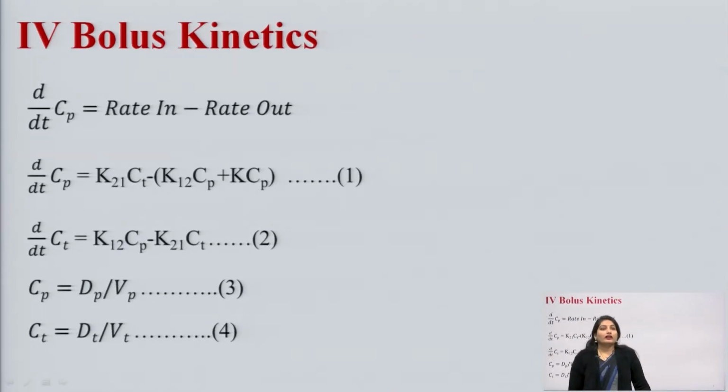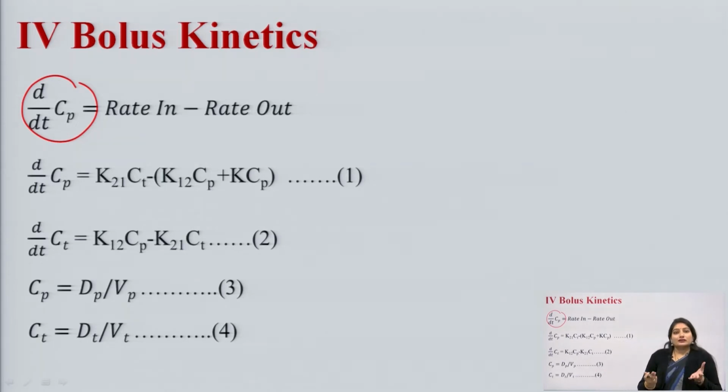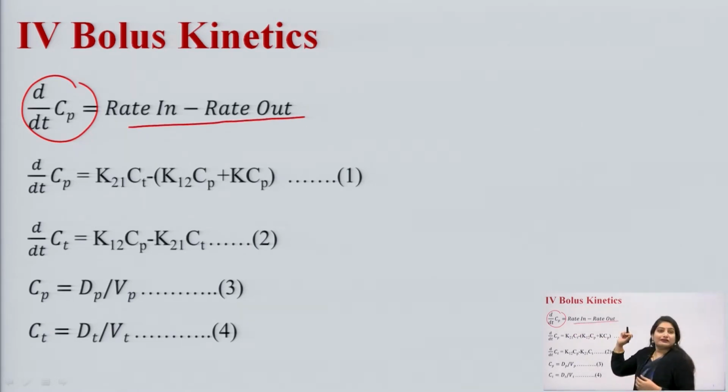So, this is dCp/dt, meaning the rate of change in the plasma drug concentration. Now, to calculate the effect of time on the plasma drug concentration, or the amount of drug in the body per unit time, we can use this equation: rate in minus rate out.